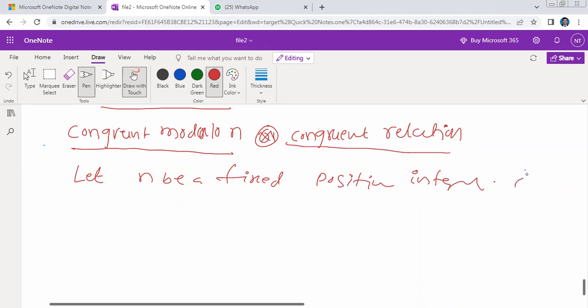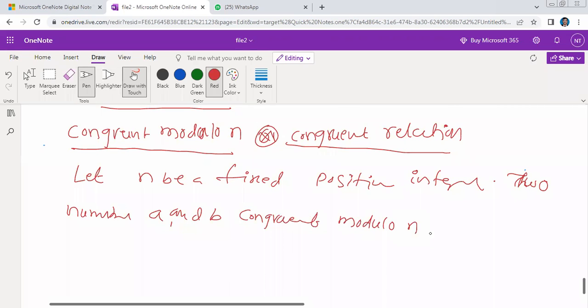Two numbers a and b are congruent modulo n if n divides a minus b, where n is any fixed positive integer.